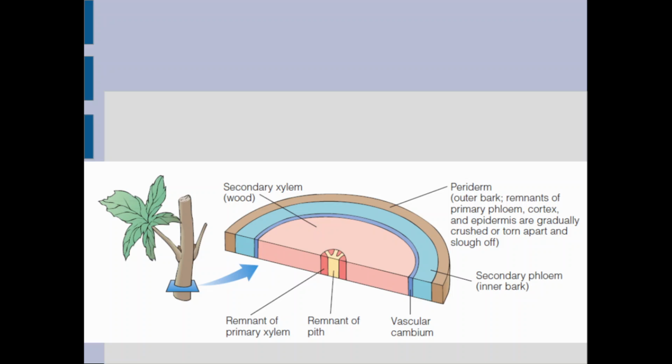And also the secondary phloem. This is a secondary phloem. So cambium is located between them, so that is why it gives growth to both. And secondary phloem is actually in a bulk.